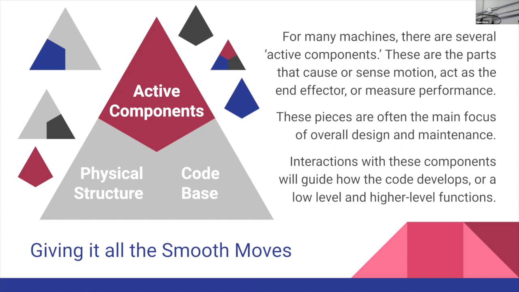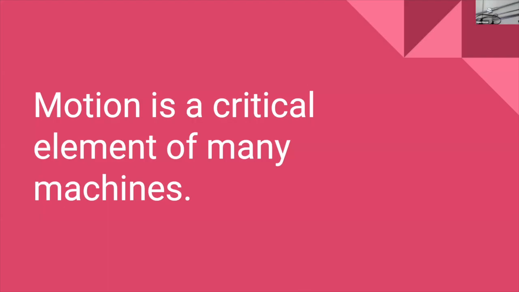So this week, we're just going to try and focus on the active pieces of the machine, the things that are making it move, heating it up, doing the cutting, all of those pieces that are very proactive in what they do. The main part of this is going to be wrapping our heads around what those pieces are, what they're called, and how you might do some controlling with them.